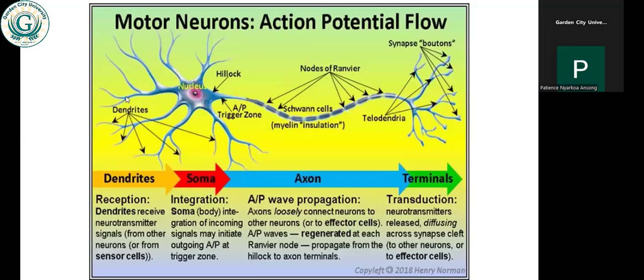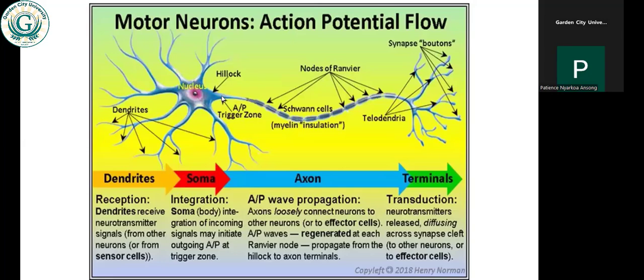Then that will change the membrane potential around that environment. Then that change is going to trigger the subsequent voltage-gated sodium channels to open. Sodium rushes in, the membrane potential changes, and that will also trigger subsequent voltage-gated sodium channels to open. So it continues that way till it gets to the axon hillock.